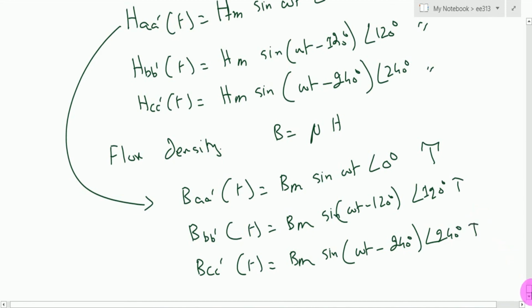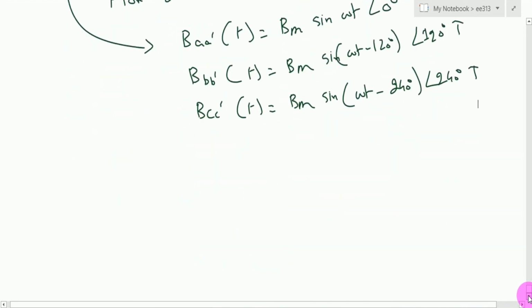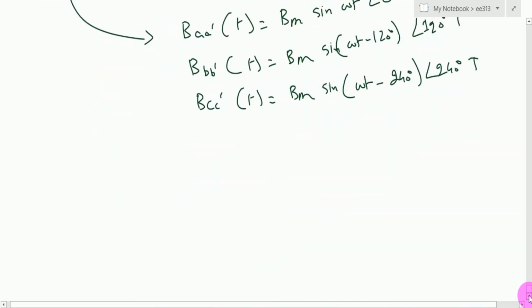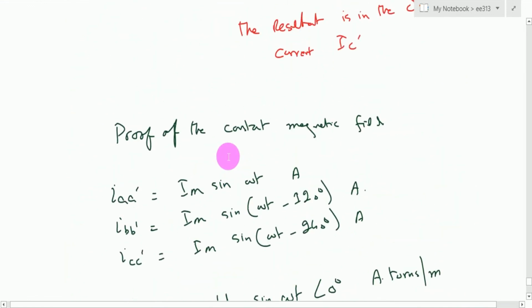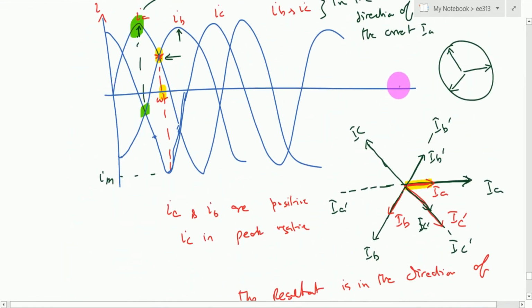Now we want to determine whether the magnetic field has a constant amplitude or not. So for that, let us examine it at some two instants. Let us say that at omega t equal to 0, we have no current flowing in the phase A. As you can see here, if this is omega t, this current IA is equal to 0.